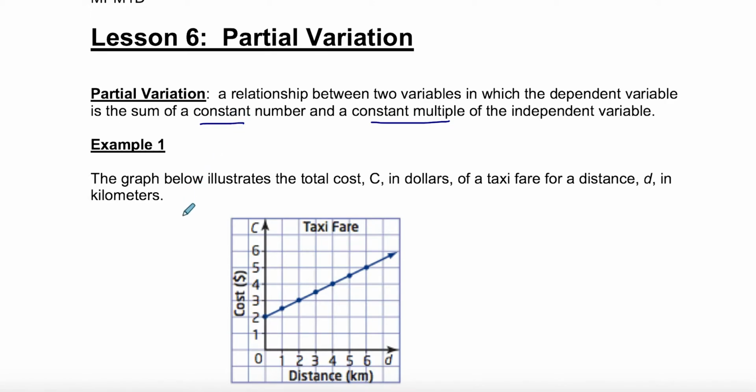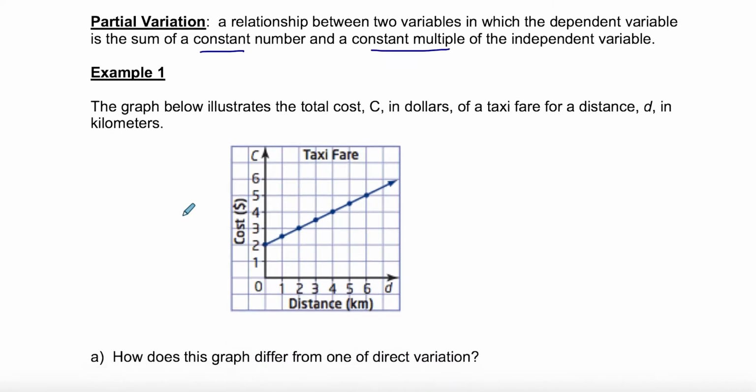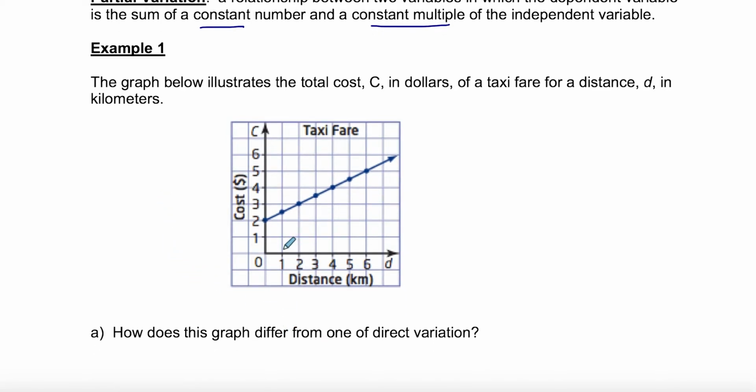So let's just look at example 1 so I can try and explain that. The graph below illustrates the total cost, C in dollars, of a taxi fare for a distance of d kilometers. So if you look at this graph, it's always interesting just to try and understand what the graph is saying. We have a certain distance in kilometers that we're going in a taxi, and then the cost of the taxi ride actually doesn't start at 0, it starts at $2.